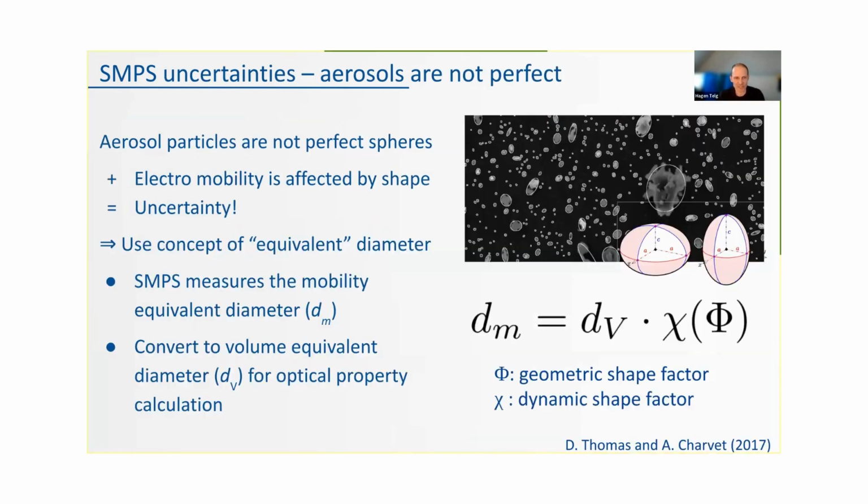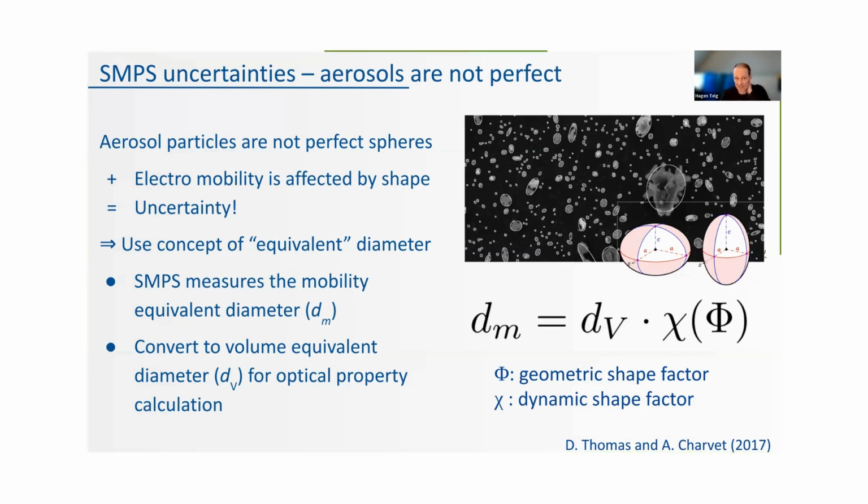So in addition to these more intrinsic instrument uncertainties, we can also, unfortunately, assume uncertainties due to imperfections of our particles. In particular, we have to assume that particles are not always spherical. And the electromobility is, in fact, affected by the shape of the particles.